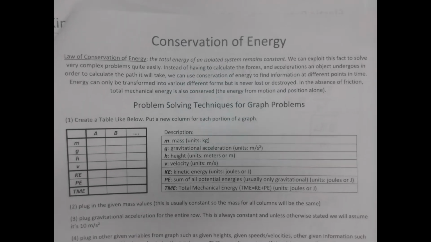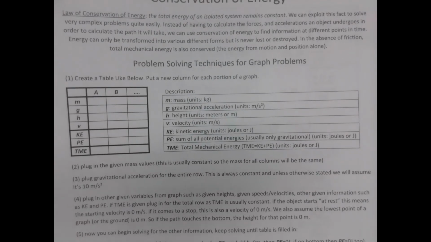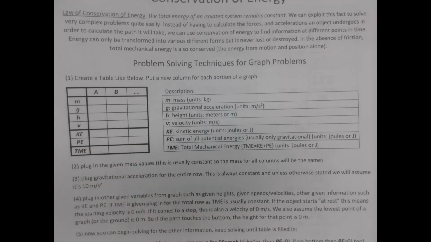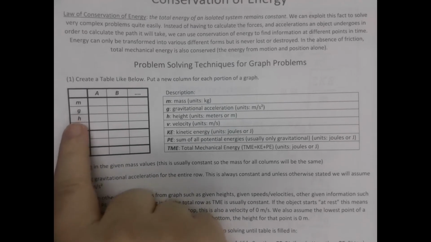So if we have a graph, we can use this problem-solving technique to solve for it. So the first thing you do is create a table like below, where each column represents a different point in time on the graph. So the first line is mass. G will usually be 10 meters per second squared.